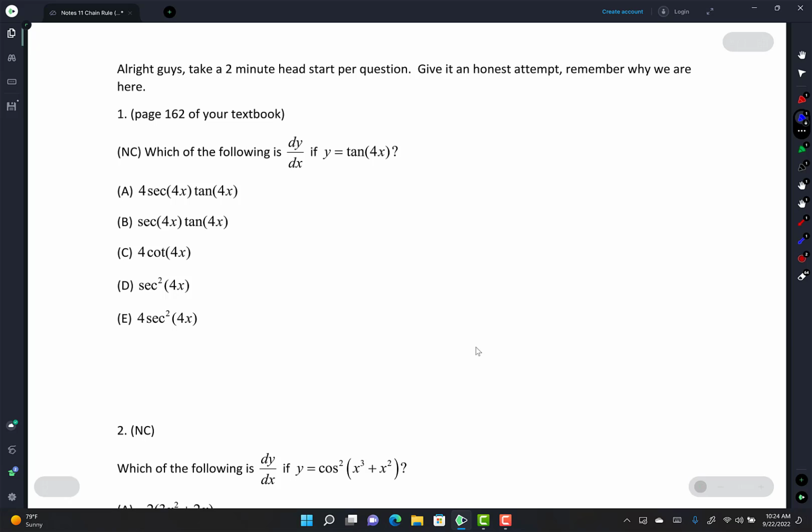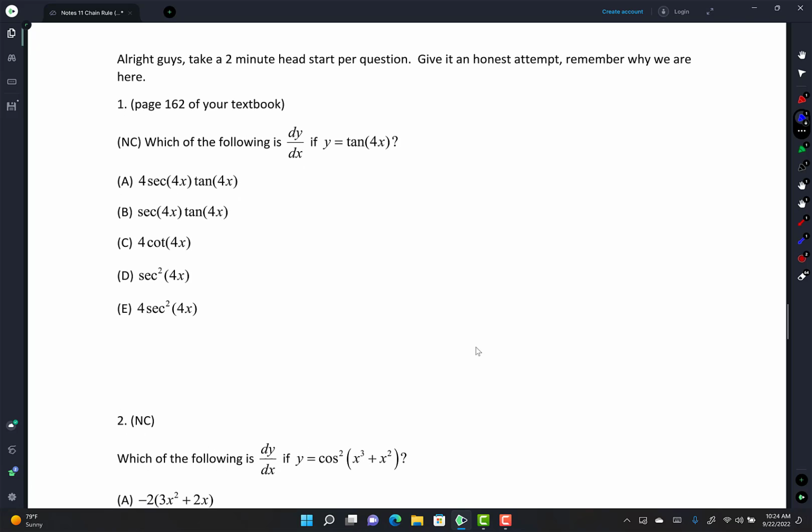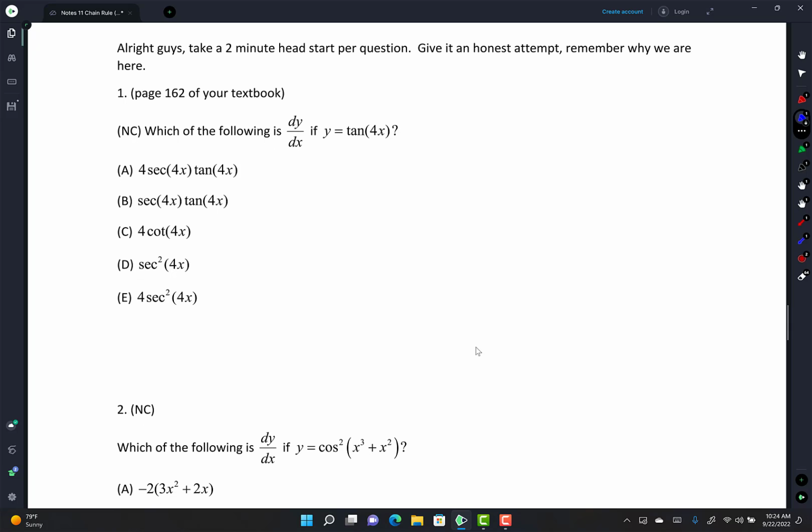So look at this one here. Take 30 seconds, maybe 45 seconds. See if you can answer number 1, and then we'll answer it together in a little bit.